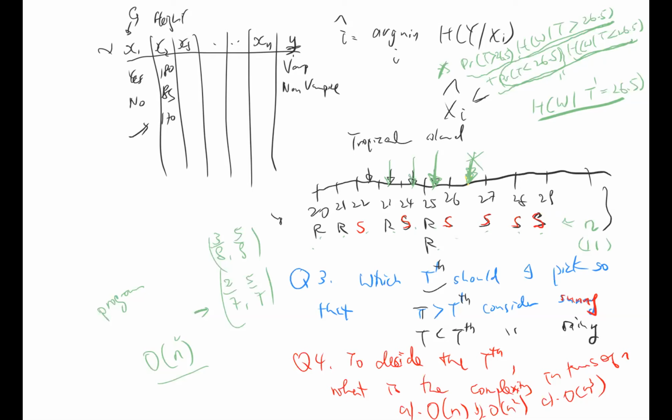Okay, someone says O(n), someone says O(n squared). Actually, I'm curious, for those who say O(n), do you know how to do it in O(n)? How do I do O(n) here?